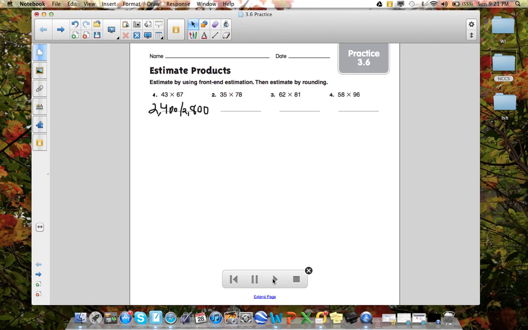All right, so question number 2, let's erase this. And front-end estimation, we have 35 times 78 right here, circled in green. If we are going down on both of them, they would be 30 times 70, which would give us a very, very low estimate because we're rounding them both down. And we would get 2,100 as our low-end estimate.